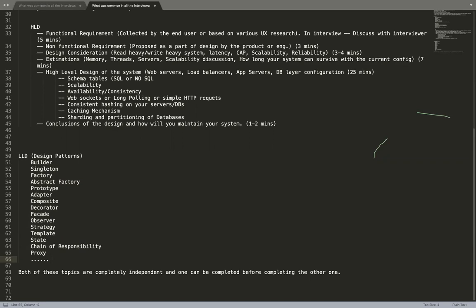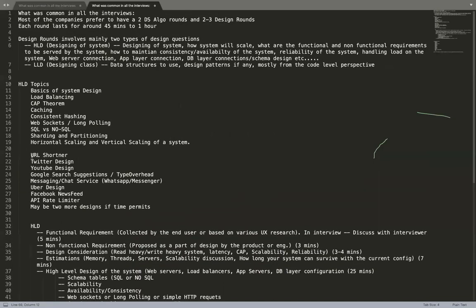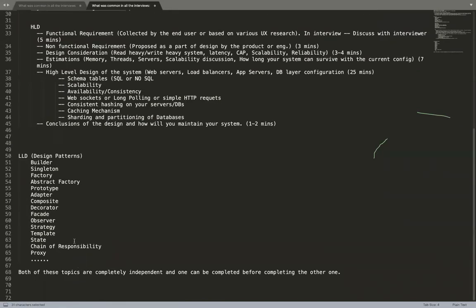I haven't mentioned all the design patterns. I've given you a high level idea of the designs we will take. As I mentioned, maybe two or more designs if time permits. Similarly, if we have more design patterns, at least most of these will be covered as a part of the class. We'll bring you to the stage where you can design classes properly by yourself.